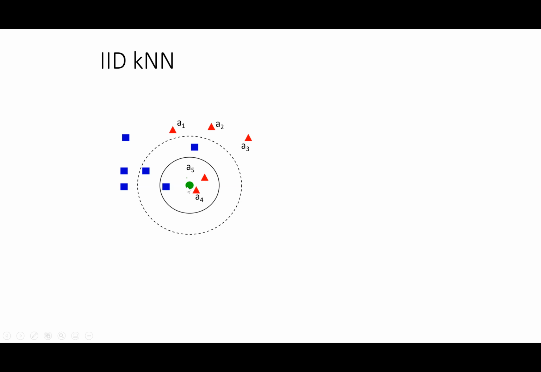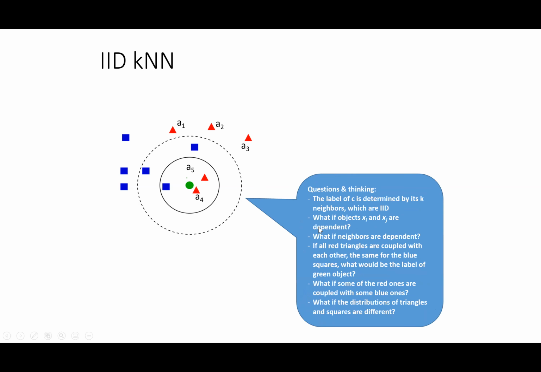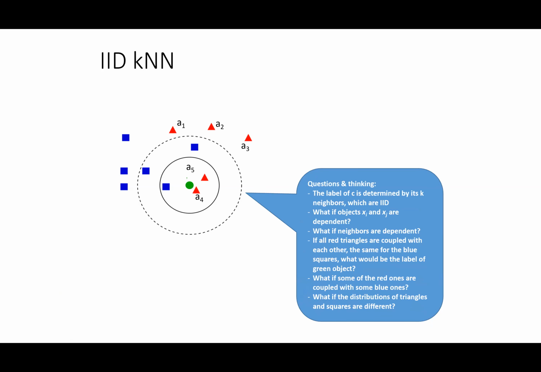So that's basic KNN. But in this case, I'm asking you to think about this: we know this red triangle, A1, A3, and A4, A5, because they are all red triangles, but somehow they may be relevant, right? And may be coupled in some way, and they may follow a similar distribution in some way.